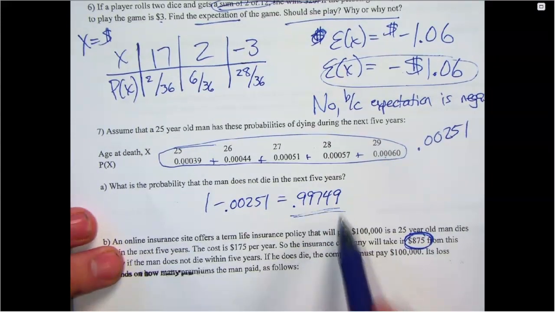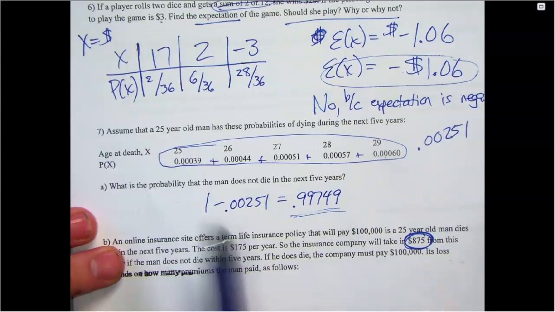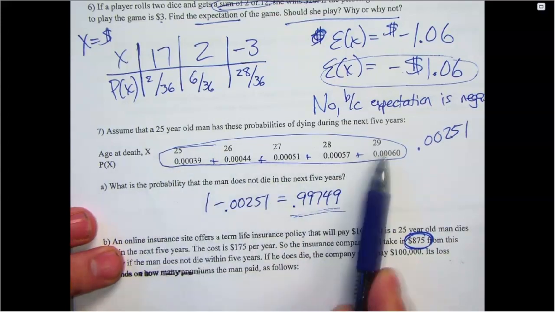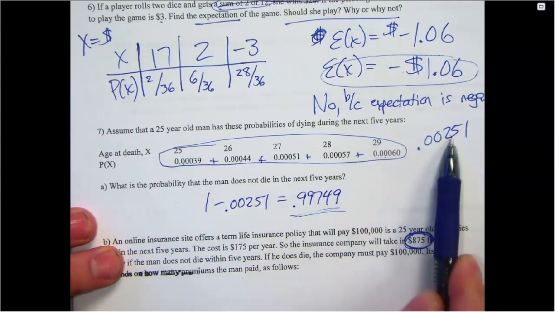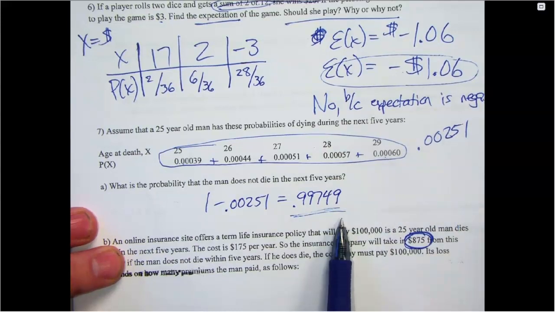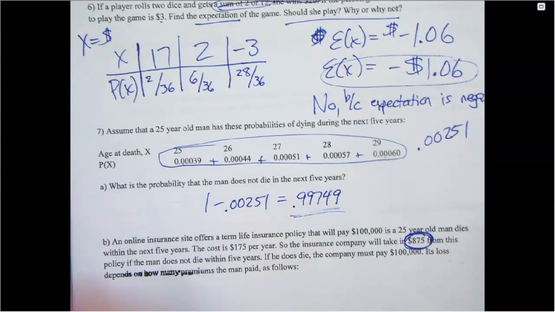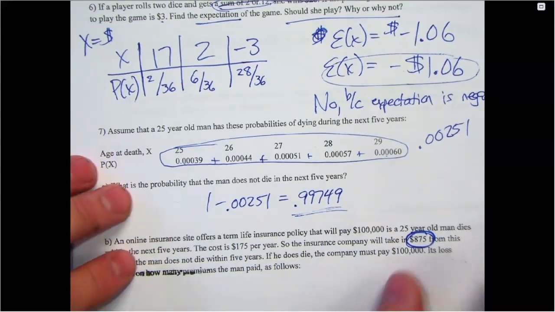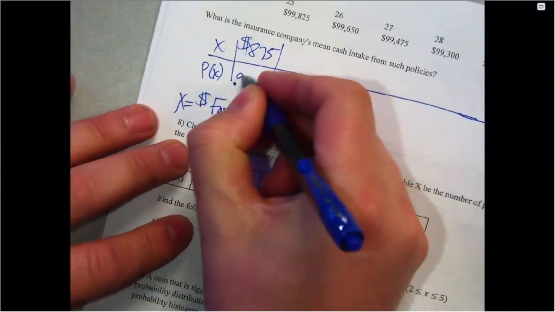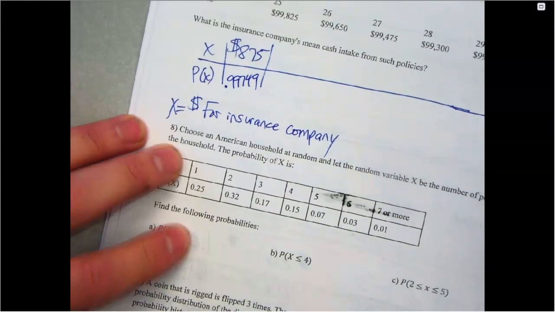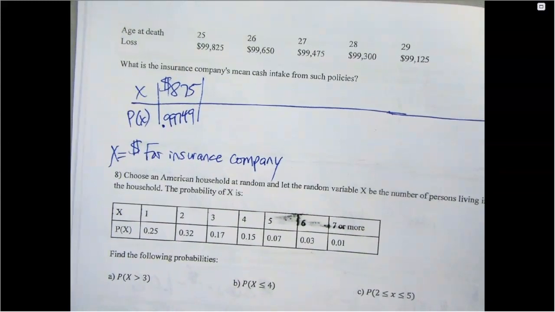That is what we did in part A, right? So this is the probability of dying each of those years. We added those up and then subtracted from 1. So there's a 99.749% chance that the insurance company just gets to keep that $875. 0.99749. That's the first thing you do.